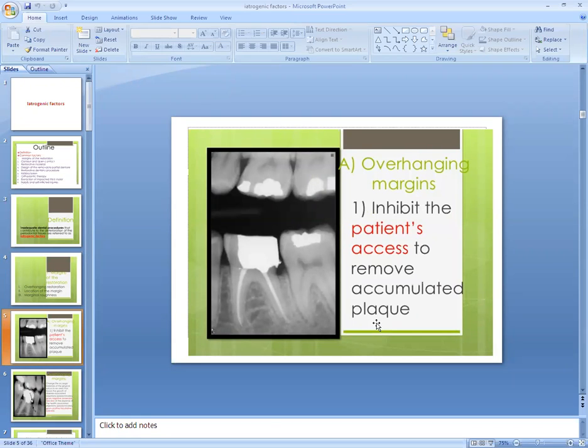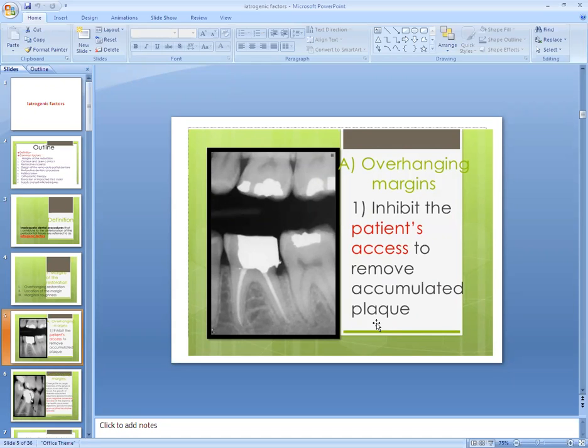When there are overhanging restorations, it causes the accumulation of food, so there are increased chances of periodontal disease.